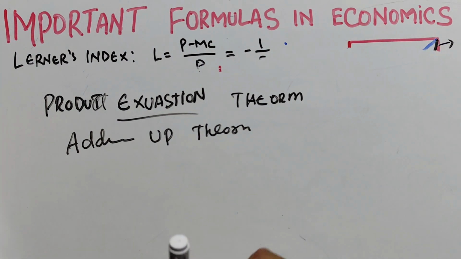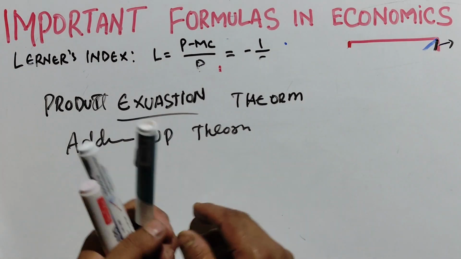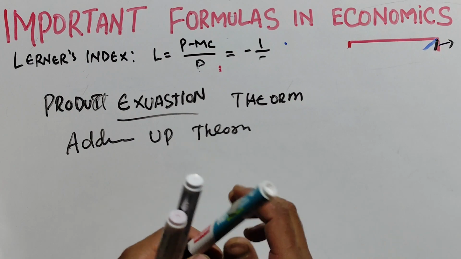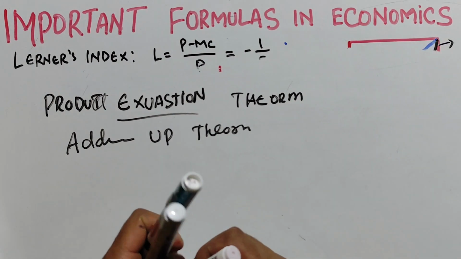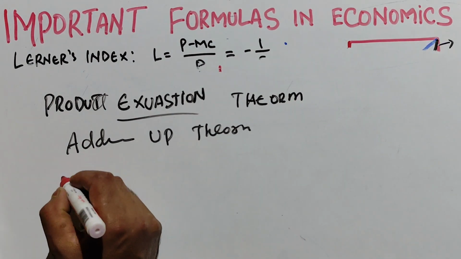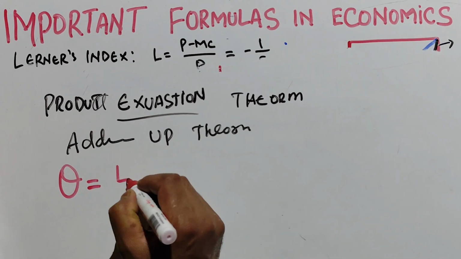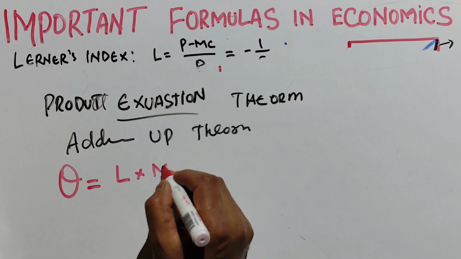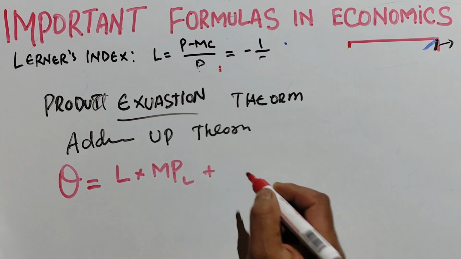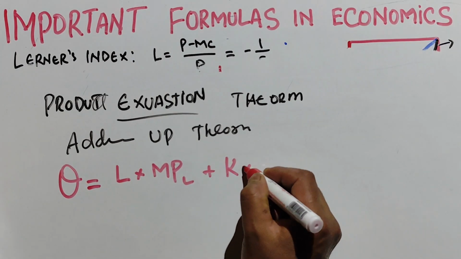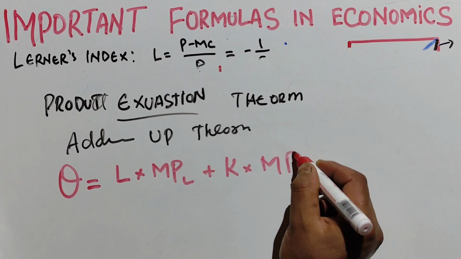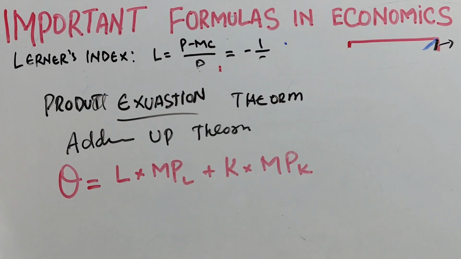It simply says that if all the factors of production are rewarded according to their marginal product, total product will get exhausted. That is, if Q denotes the total product, if labor is paid according to the marginal product of labor, and if capital is paid according to the marginal product of capital, total product will get exhausted.